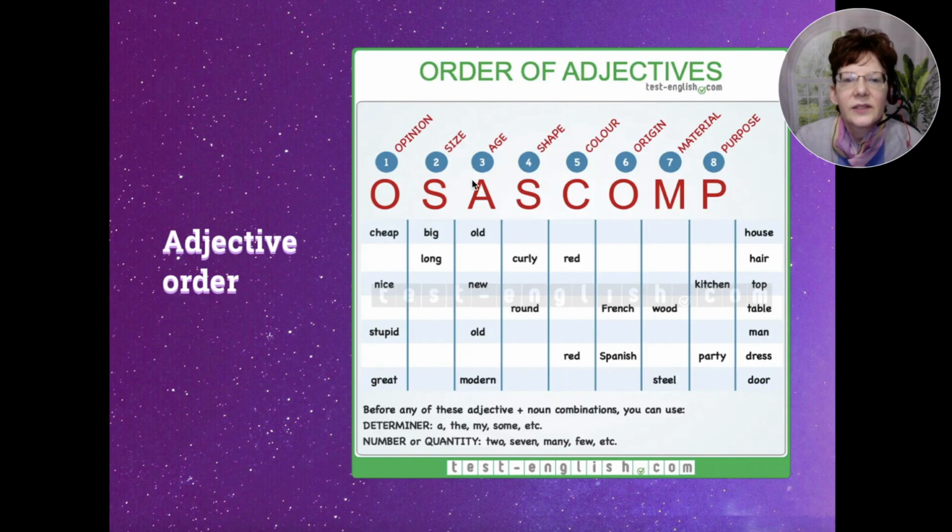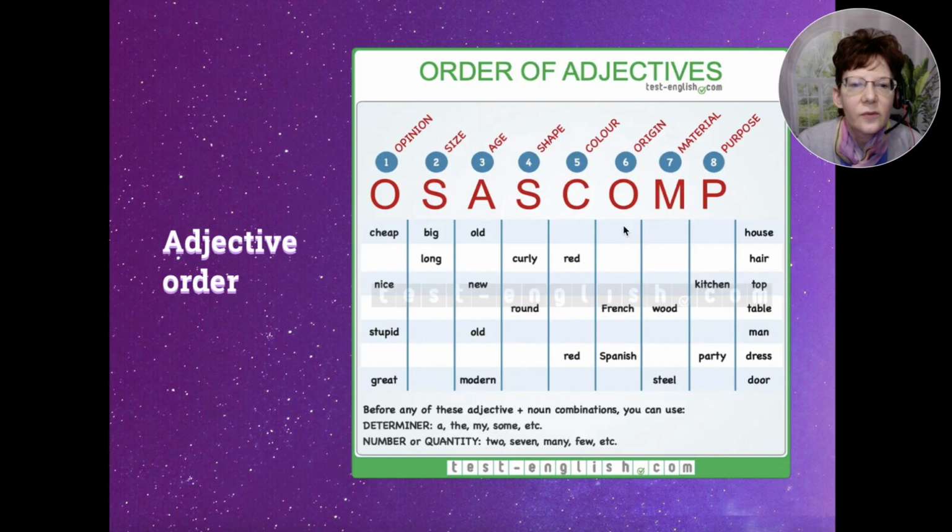And there's shape after that, for example, curly, round, square, oblong. After shape comes color, any color, red, white, or anything like that. After color would come origin, so that would mean a nationality, where it's from, French, Spanish, anything like that.